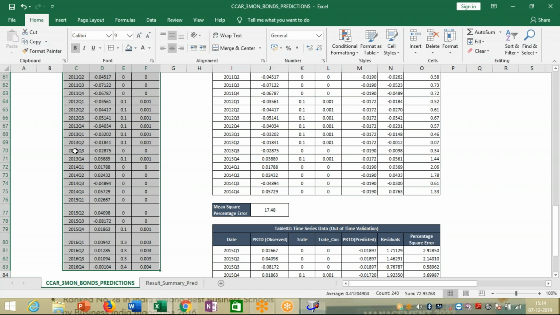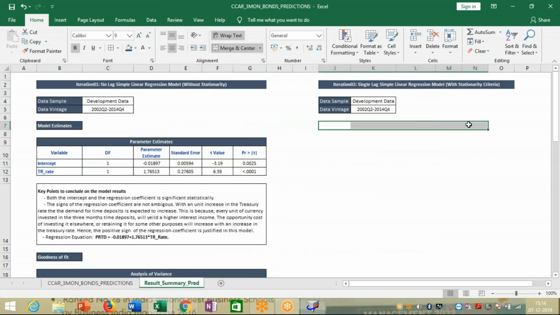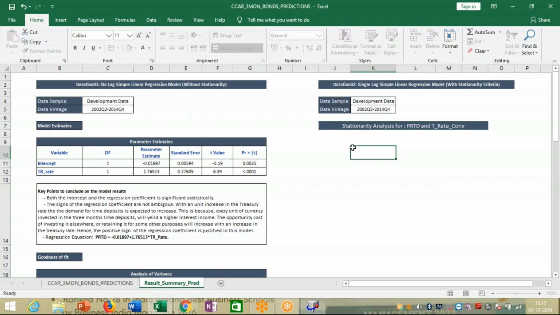So over here we are introducing stationarity, so before I go in, I'll include the stationarity analysis for deposit and T-rate converted.